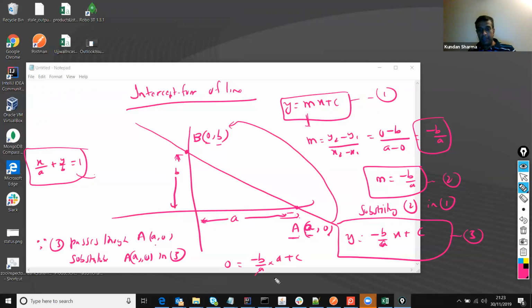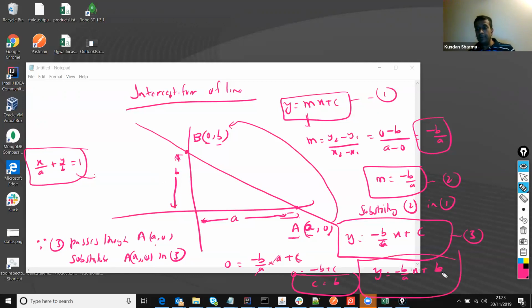So a times a is cancelled. So c will become 0 is equal to minus b plus c. So c becomes b. And we also know from our previous concept that c is the intercept made by the line on y-axis. So c is equal to b. So this becomes y is equal to minus b by a x plus b.